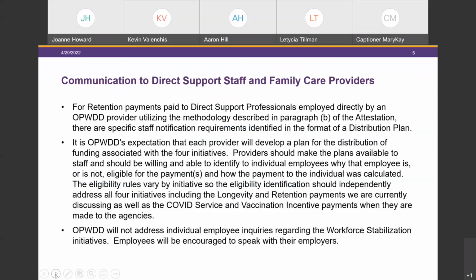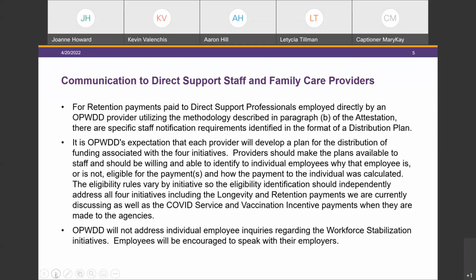Now we want to discuss communication to direct support staff and family care providers. For retention payments made to direct support professionals employed directly by an OPWDD provider, utilizing the methodology described in paragraph B of the attestation, there are specific staff notification requirements identified in the format of a distribution plan.